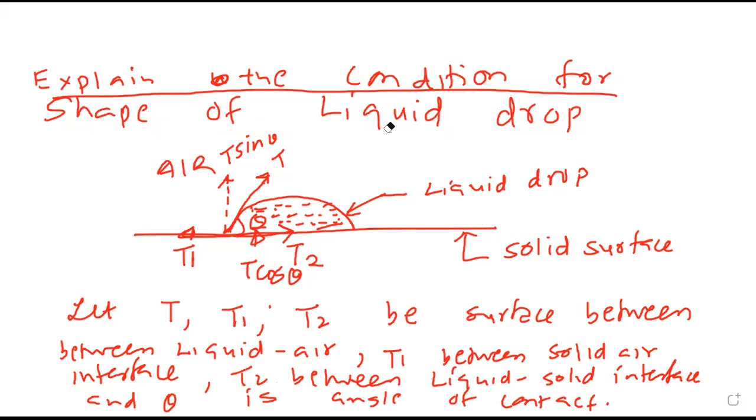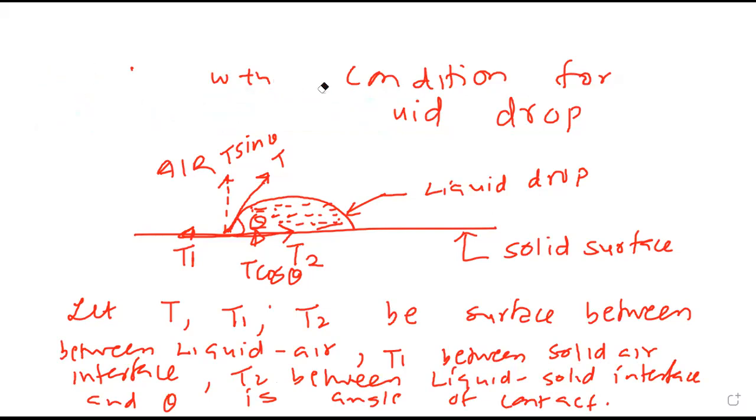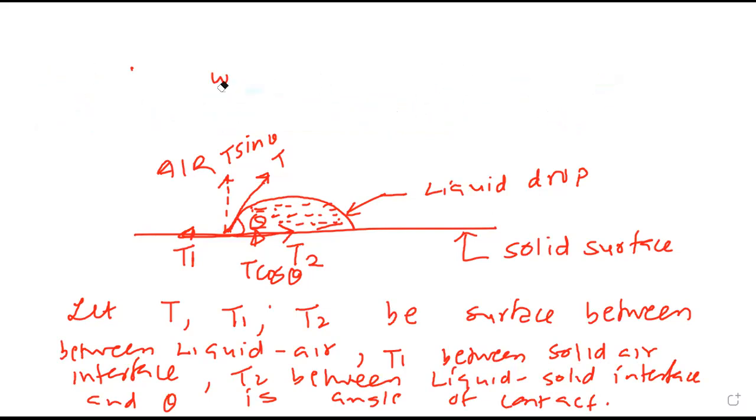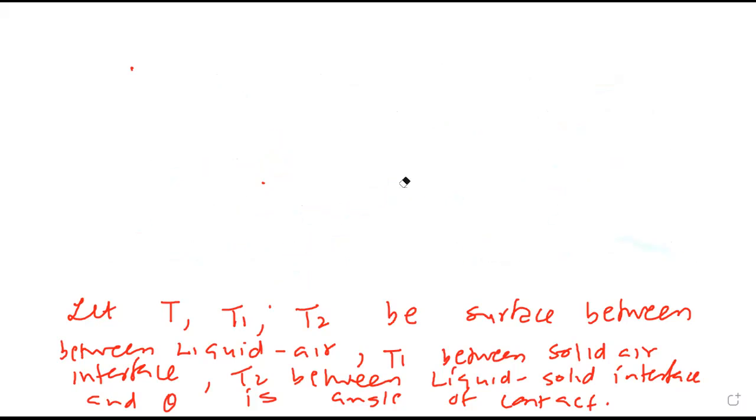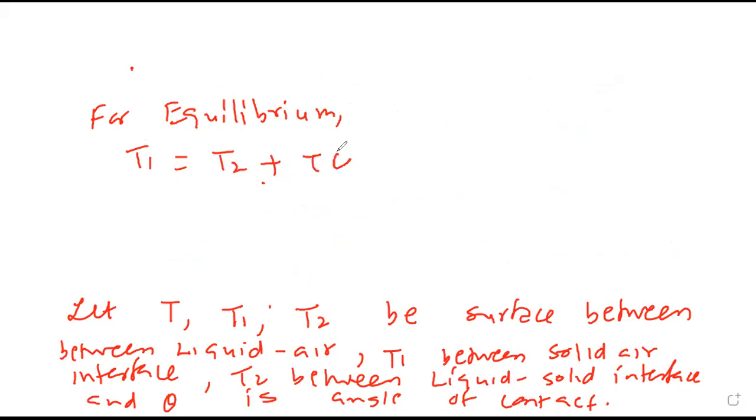What is the meaning of equilibrium? Forces should balance. So I have taken two components of T, T sin theta and T cos theta. Left and right should balance, so T1 is equal to T2 plus T cos theta. Absolutely correct. So for equilibrium, T1 should be equal to T2 plus T cos theta from the diagram.